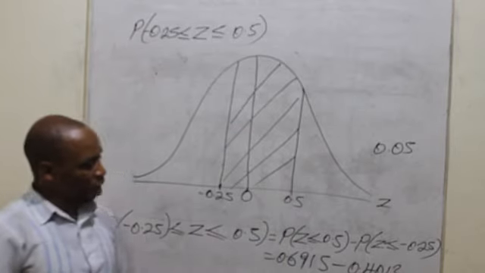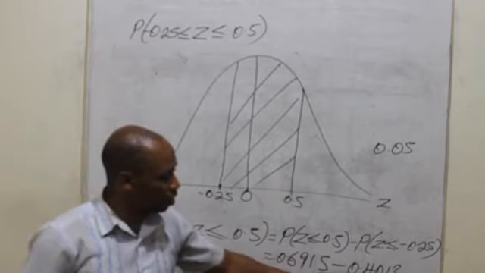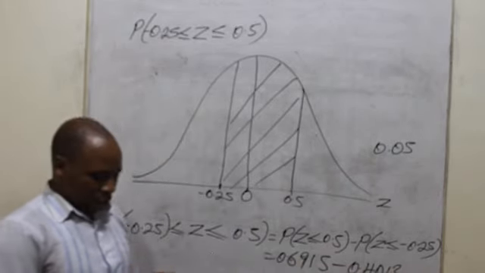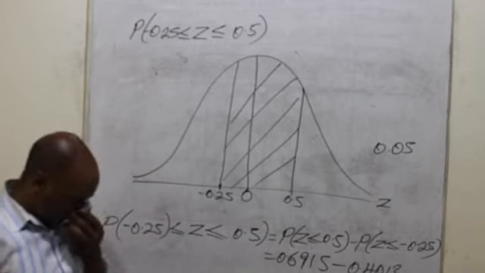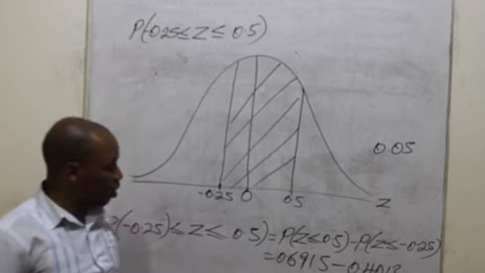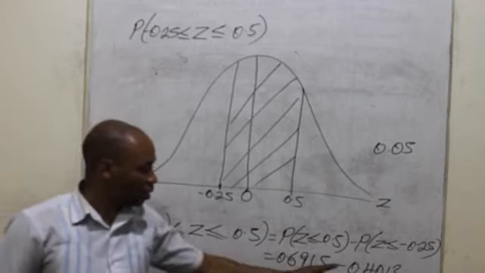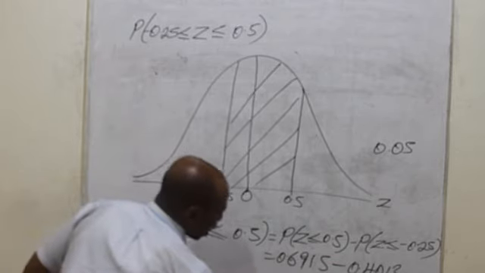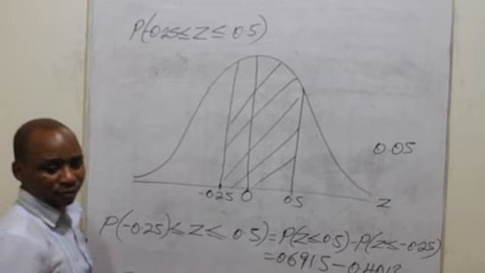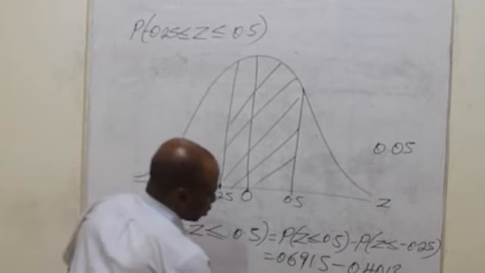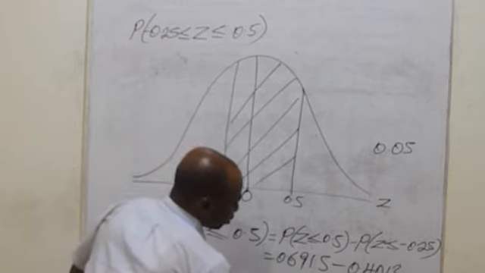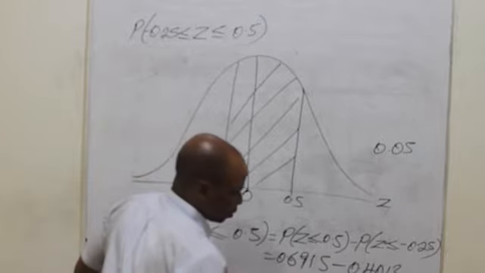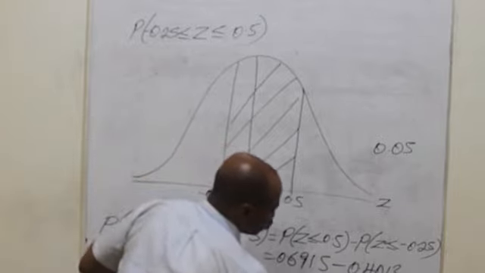So when we subtract 0.4013 from 0.6915, we will end up getting 0.2902.